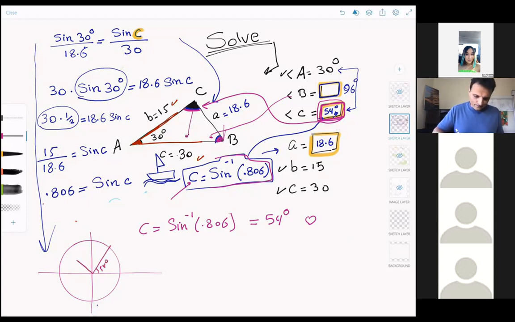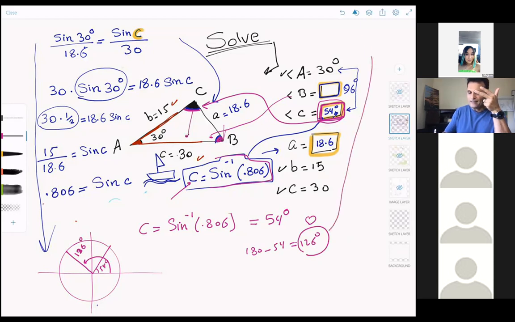Also, sine of 126 degrees. If you subtract 180 minus 54, we get 126 degrees. So there are two different answers here. You need to look at the picture.